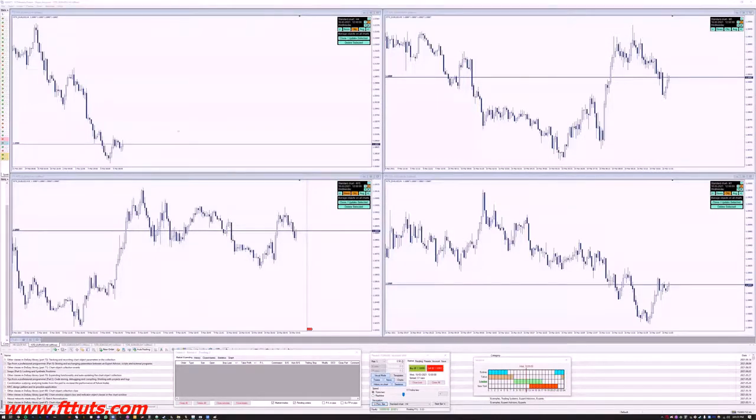Can you guys see my screen okay? Let me know in the chat if you can see my screen. Okay, perfect. Set this up too. We'll get started. Okay, I'll be right back, guys.